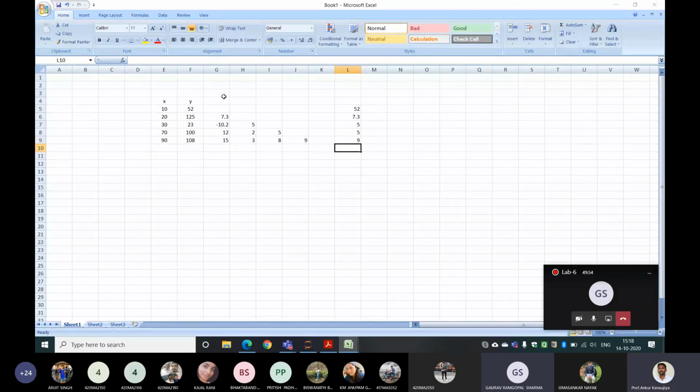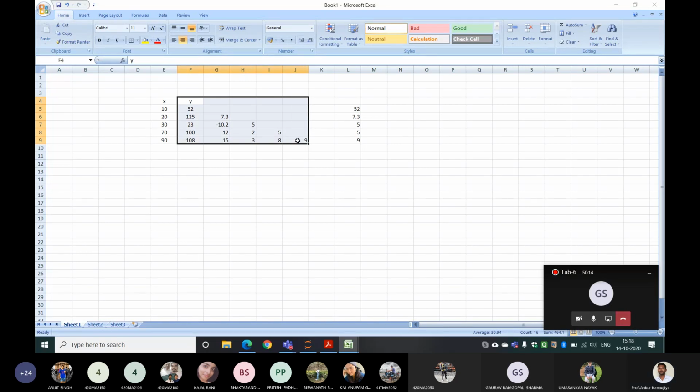Now I'm saying, without making this column, what is this table size? This is the divided difference table, this is the X, and this is the final entry you require, right? How many rows, how many columns? 5 by 5.